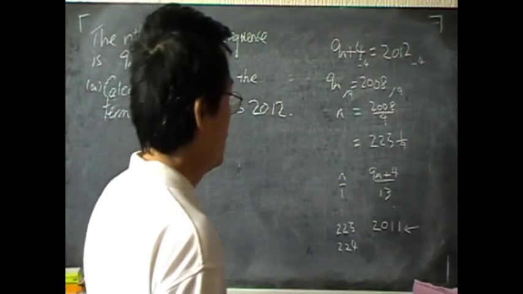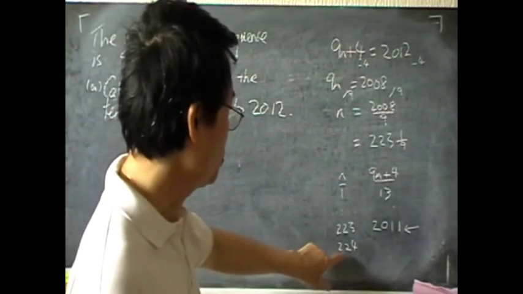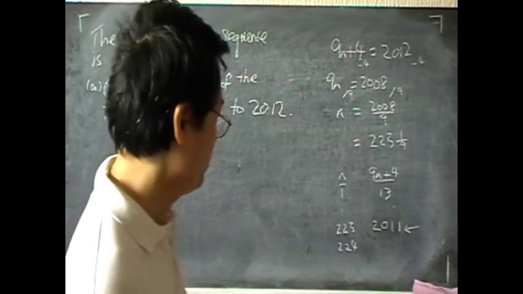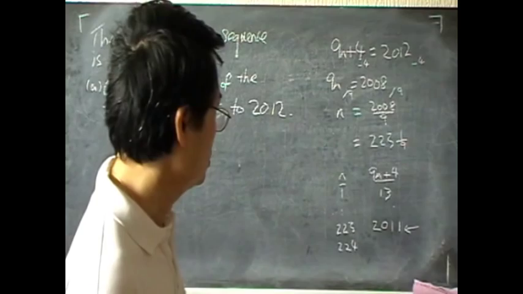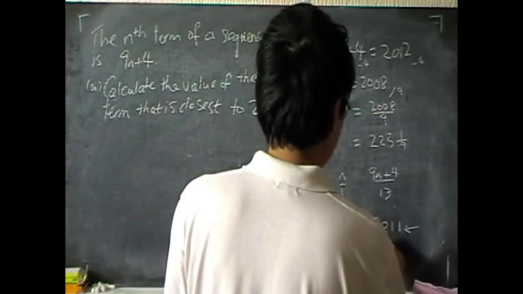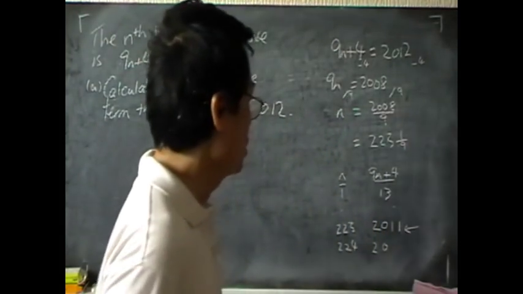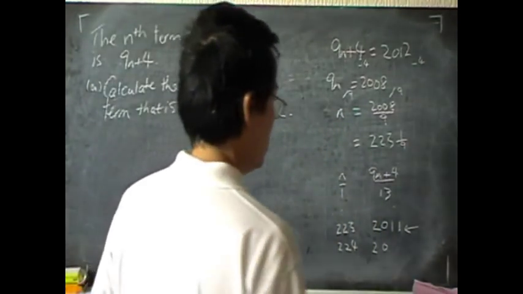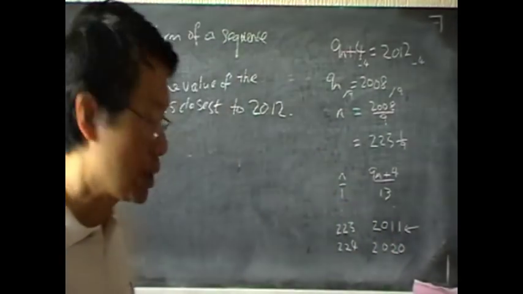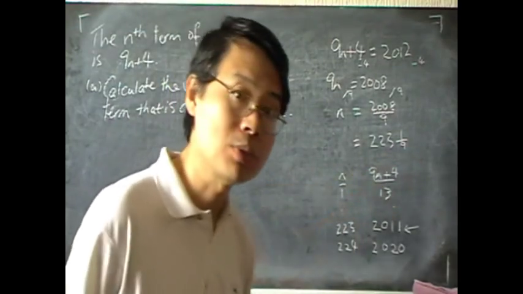And then what you can do if you want to be very sure is to substitute 224 into that as well, right? And do this calculation, and you will find 2020. You can do it by putting 224 into the n here and calculating 9n plus 4.